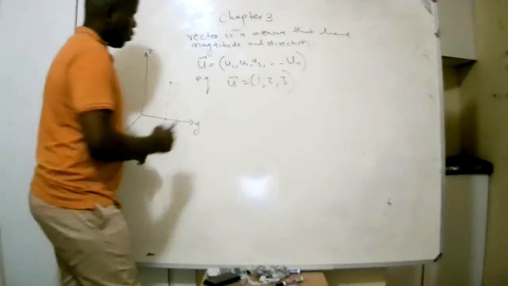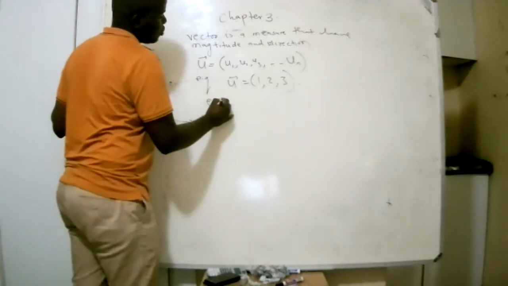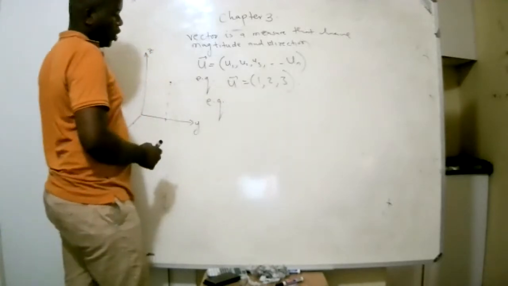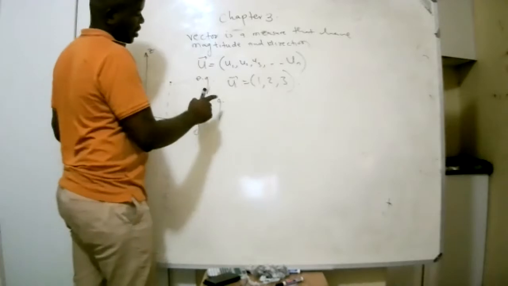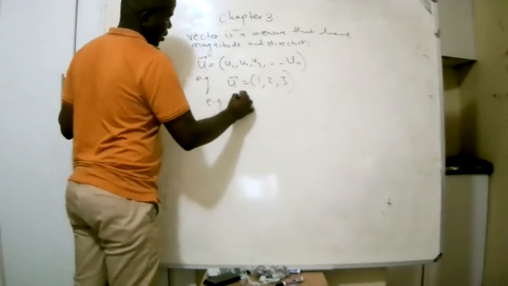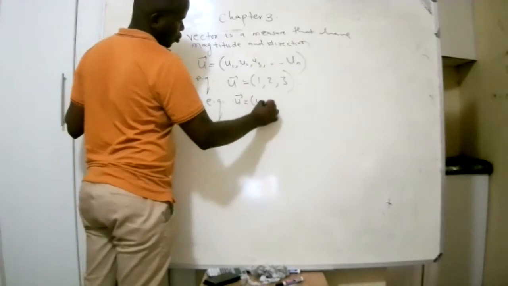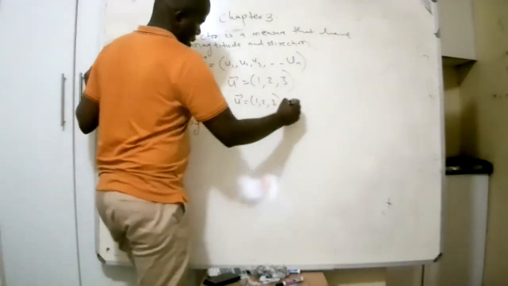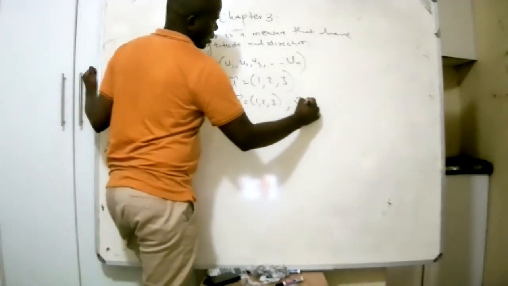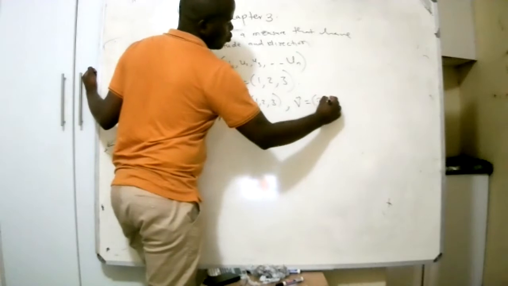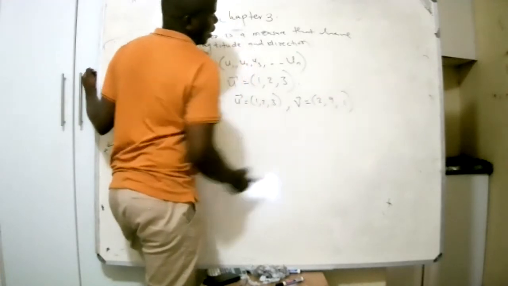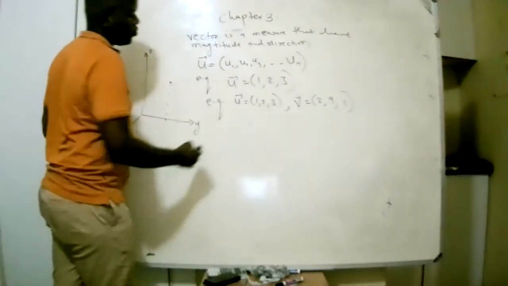So now, one of the things we can encounter is adding two vectors. Let's say we have vector U = (1, 2, 3), and vector V = (2, 9, 1), and we are required to add these two vectors.